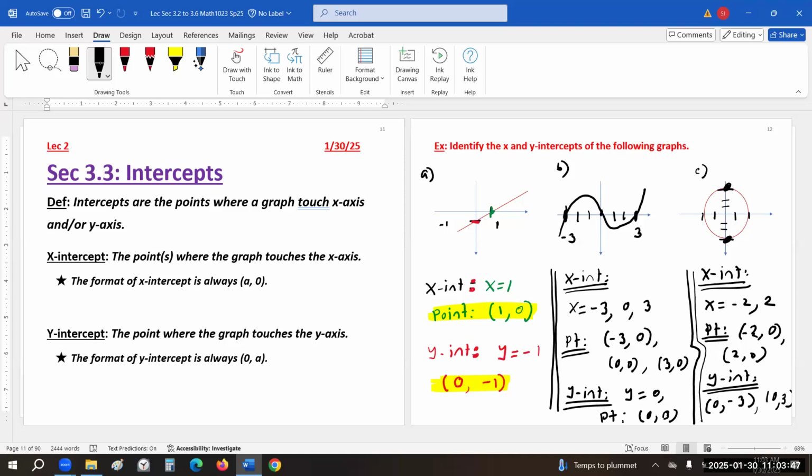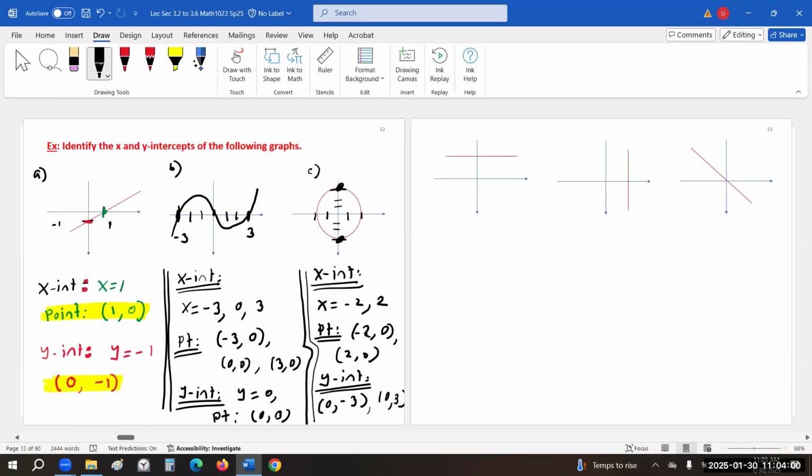Any question? No? So finding the x and y-intercepts from a graph is easy. Let's do 2 more. Okay. So D, E, F. First, the x-intercepts.